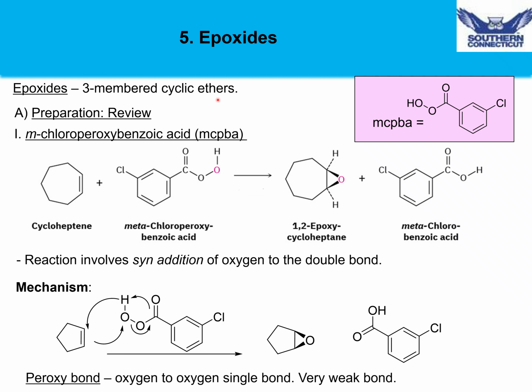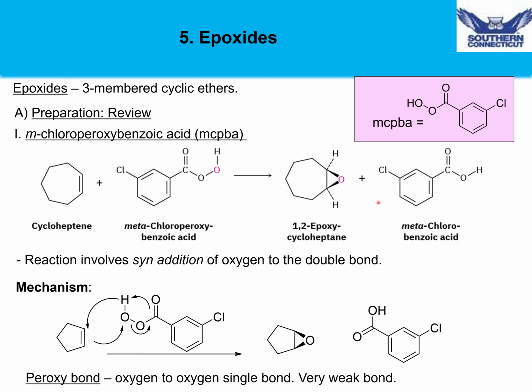One of the ways we can make epoxides is by taking an alkene and adding MCPBA, which stands for metachloroperoxybenzoic acid. It is this molecule here. By adding MCPBA to an alkene, we can produce an epoxide, and it gives us a byproduct of metachlorobenzoic acid.